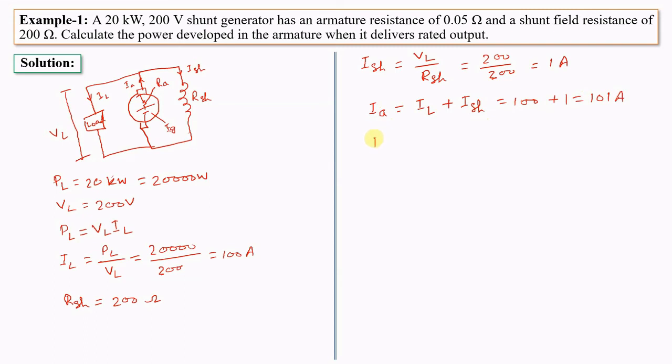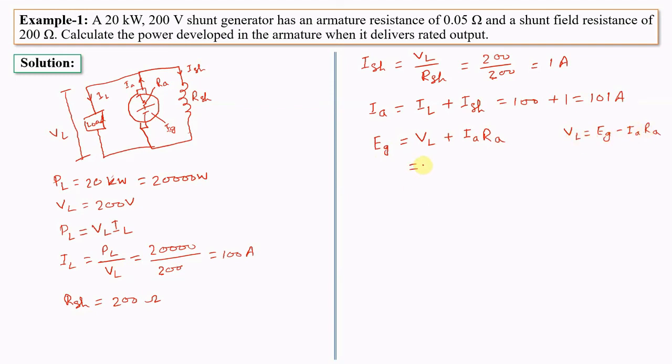And the generated EMF can be calculated in terms of the voltage across the load. So here it will be the voltage across the load plus the drop in the armature winding. Remember, we have calculated the voltage across the load as Eg minus IaRa that we have discussed earlier. Therefore, Eg will be equal to VL plus Ia into Ra.